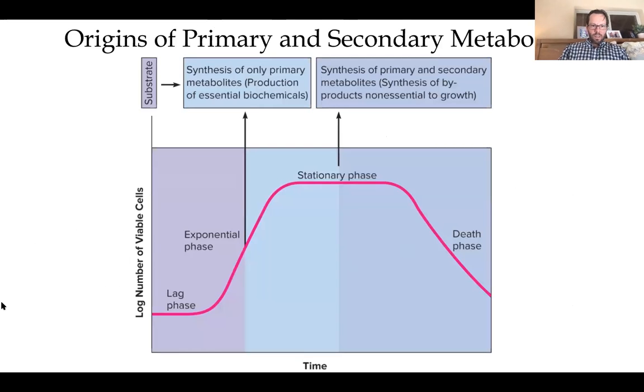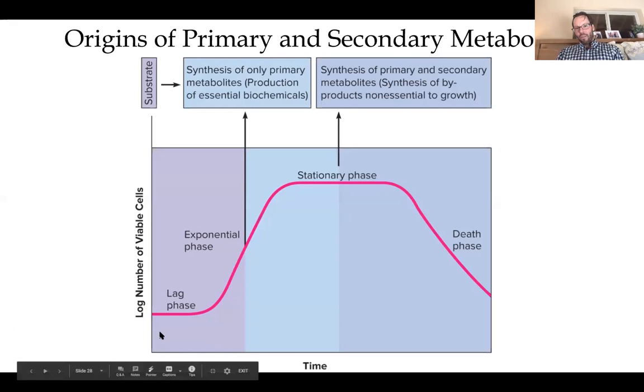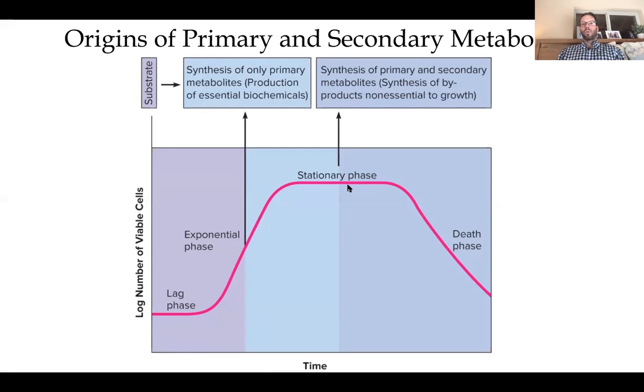And so this is looking at a diagram of the primary and secondary metabolic processes and where that fits into the growth phases of the bacteria. So we remember lag phase, and then exponential phase when it's rapidly dividing, or log phase, and then it plateaus off to stationary phase, and then eventually that population starts to die off, right?